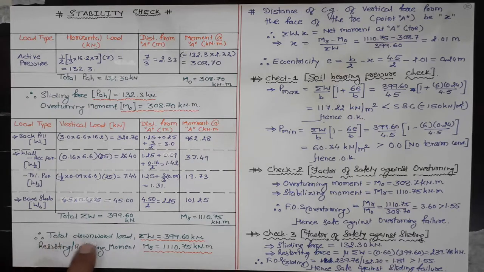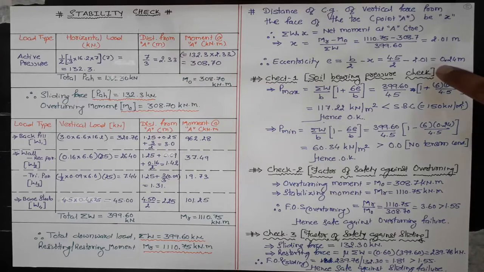The total downward load was calculated as 399.60 kilonewton and total restoring or resisting moment was calculated as 1110.75 kilonewton meter. After that, we have determined the eccentricity E, which comes out to be 0.24 meters.